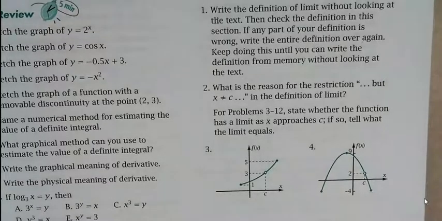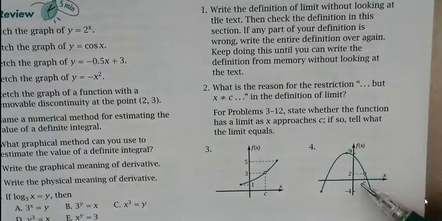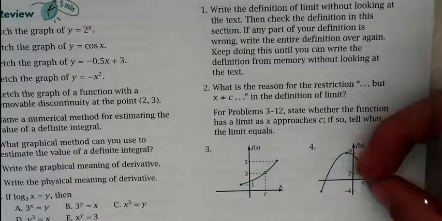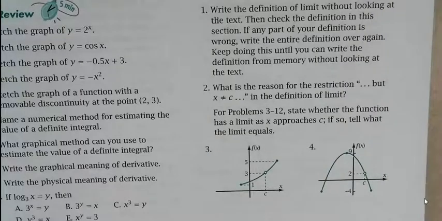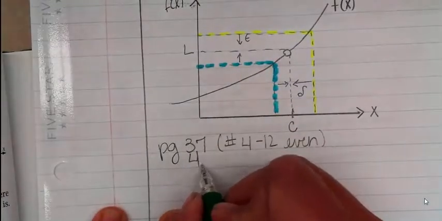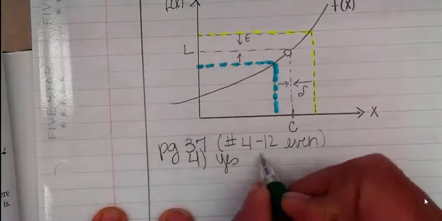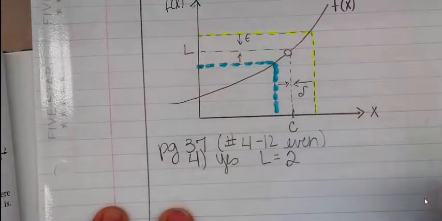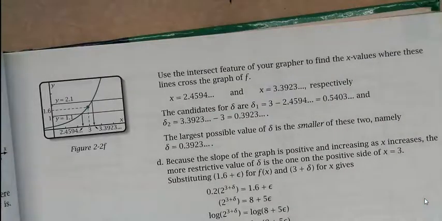So yes, they both approach. As I'm coming from the left and the right, I am in fact approaching one output. What does that output seem to be? It looks to me like it's 2. So we can say that the limit there is 2. So for number 4, yes, limit equals 2. All right, let's try 6.